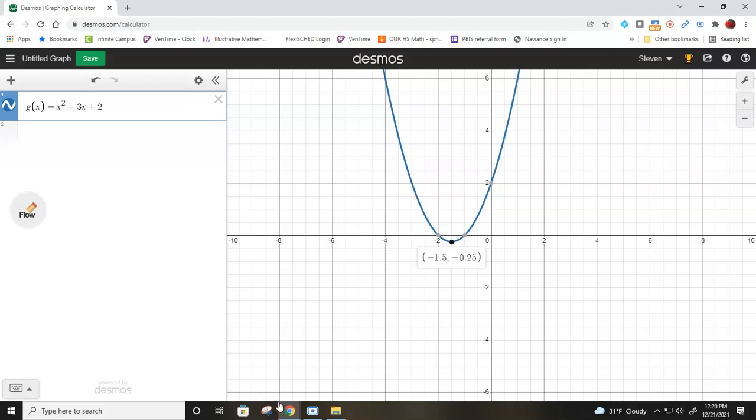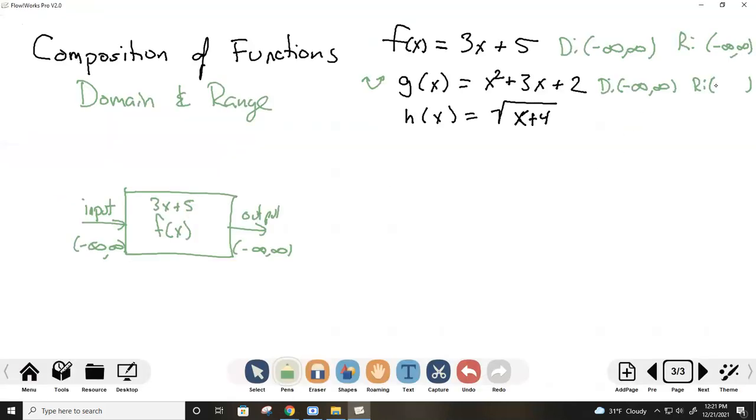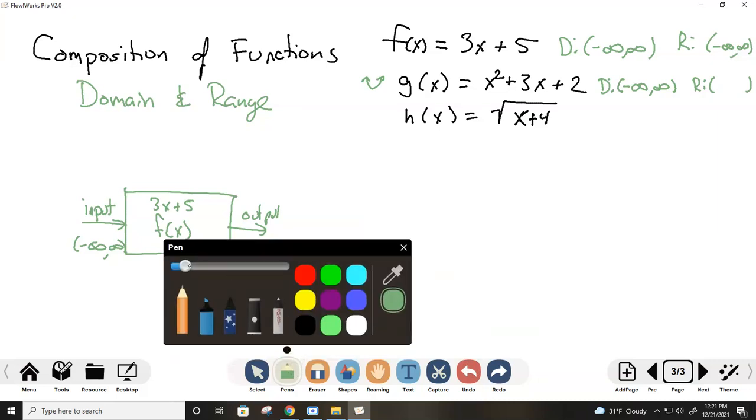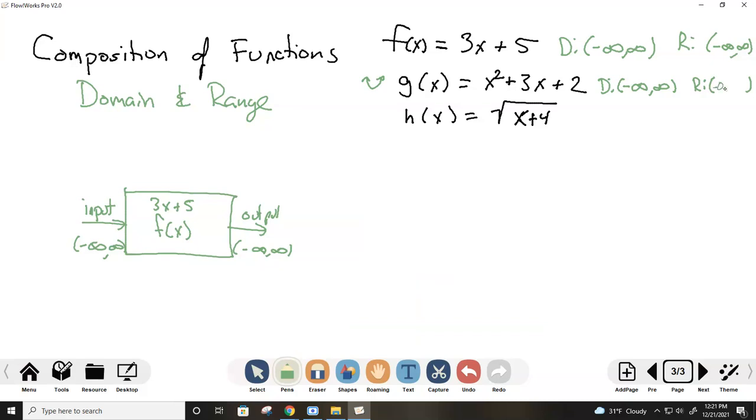So you'll see my range is going to be anywhere y is greater than or equal to negative 0.25. So negative 0.25 to infinity.